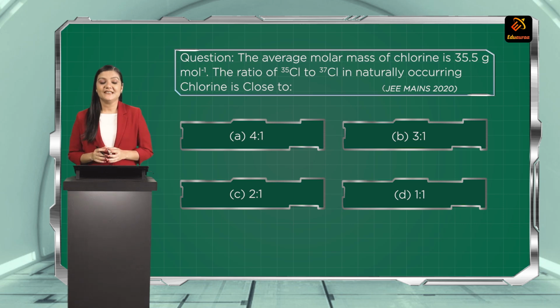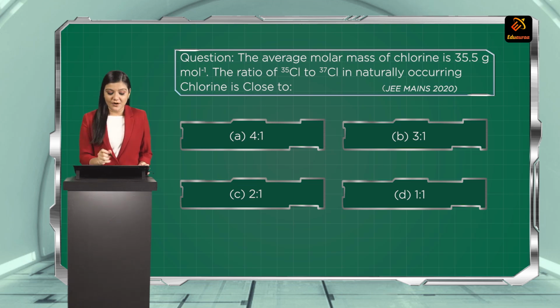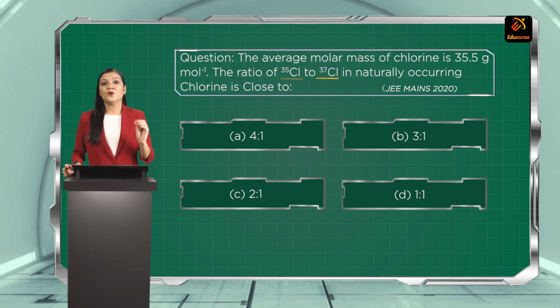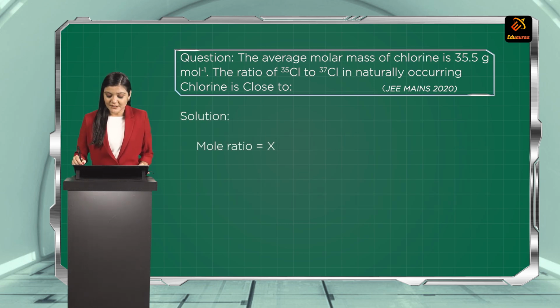In this question, they are talking about the molar mass of chlorine, 35.5, which is the average molar mass. And to find out the ratio of chlorine 35 to chlorine 37, we should know what is the actual number of mole and what is the abundance. So mole fraction is equal to X for chlorine 35. So let's consider X mole of chlorine 35 is present.